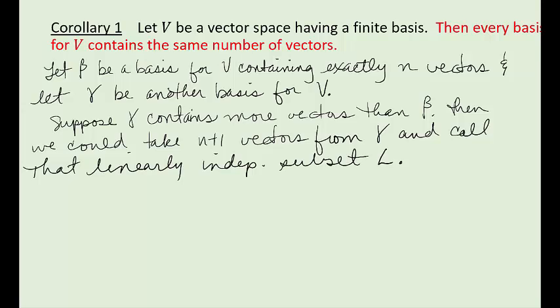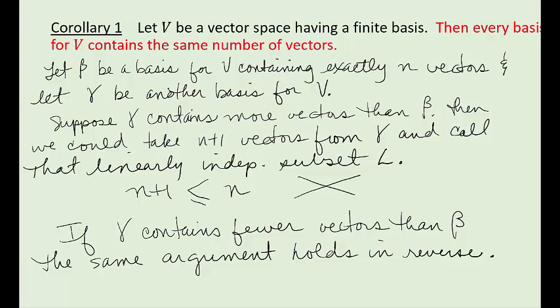Well, L is a linearly independent subset of V, and the span of beta is all of V. So we have a linearly independent subset with n plus 1 elements in it, and that has to be less than or equal to, according to the replacement theorem, the number of vectors in a spanning set. Well, beta has n vectors, and n plus 1 is not less than or equal to n, so we have a contradiction.